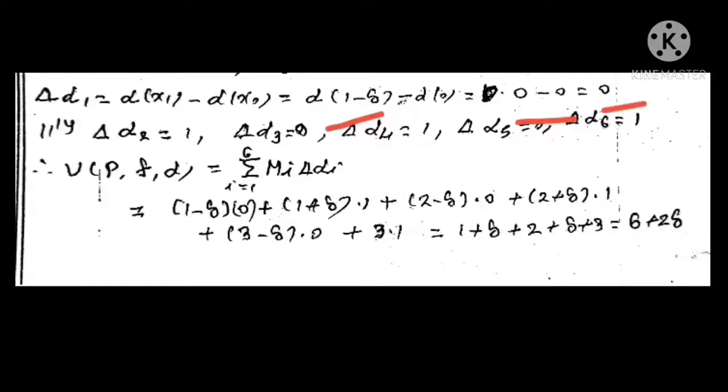So similarly delta alpha 2 is equal to 1, delta alpha 3 is equal to 0, delta alpha 4 is equal to 1, delta alpha 5 is equal to 0, delta alpha 6 is equal to 1.